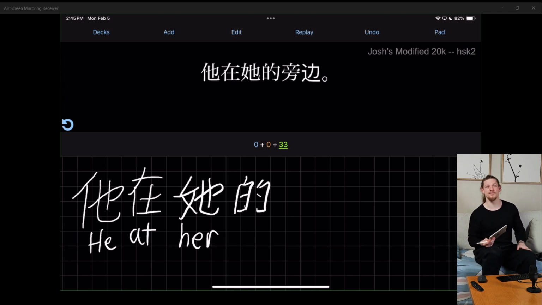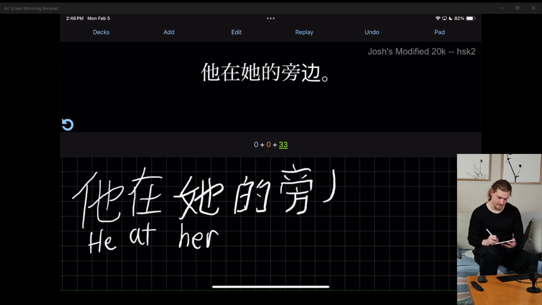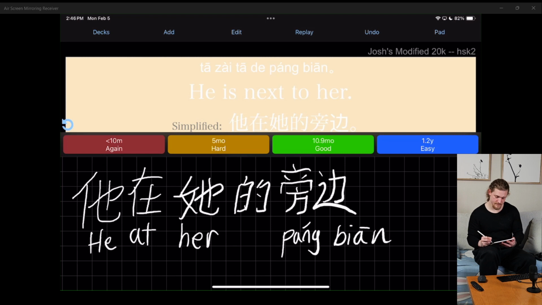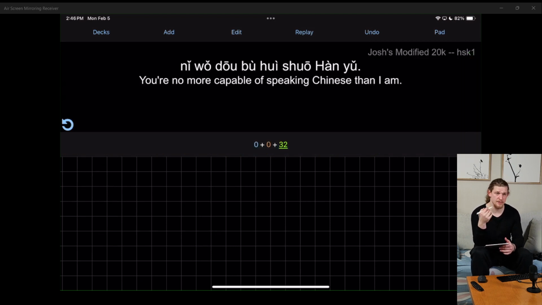That information isn't provided by the oral sentence. 他在他的旁边。Even while speaking, you really need to try to hit most of these tones correctly to make sure that your intent and your meaning is actually carried through.